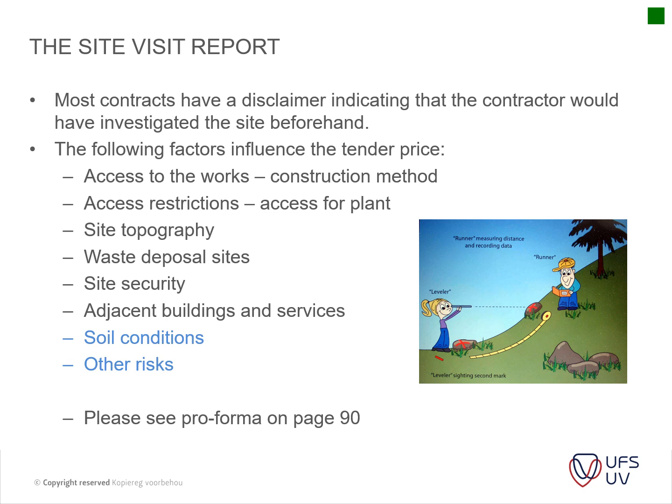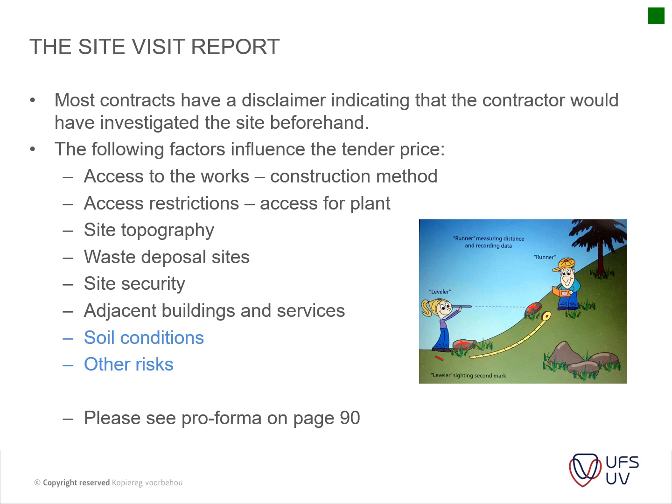It might be that the hard rock is a little bit more than what's measured in the BOQ, so you might load that item slightly and lower another rate elsewhere in the BOQ, so that you might come in at a lower rate. But then in the end, when you do your remeasurement, you can actually make up that cost. So those are the things that you pick up on site.